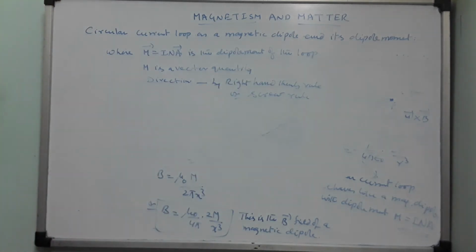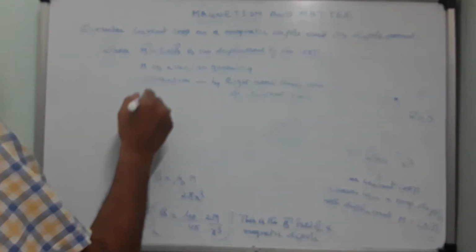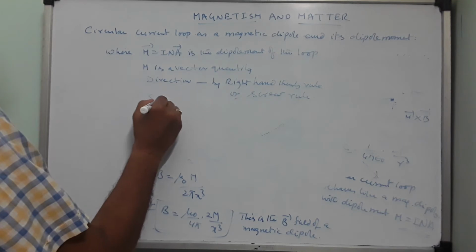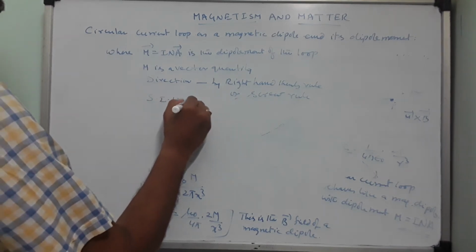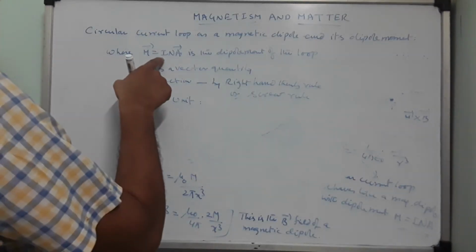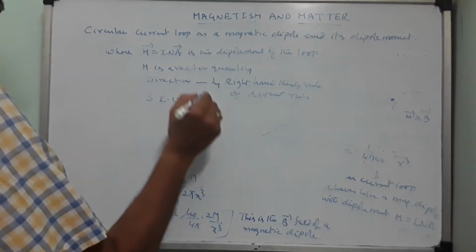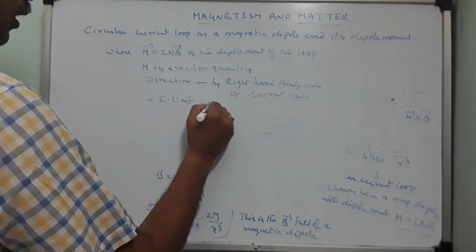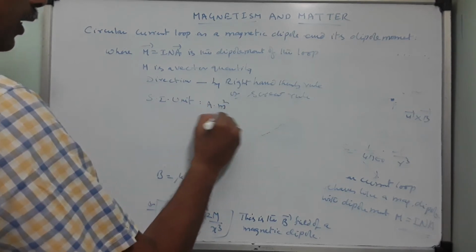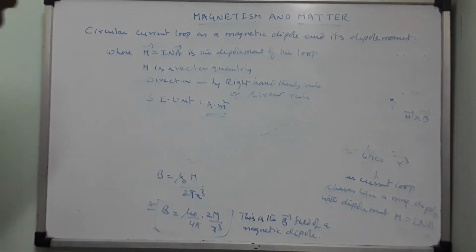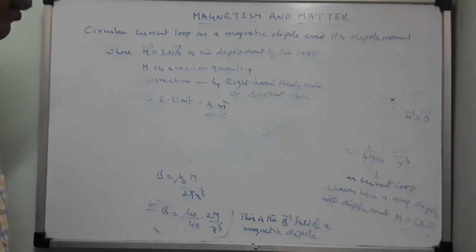What else? SI unit. I is ampere. N is number of turns, no unit. A is the area. So this is ampere into meter square. Dot not necessary. Ampere single space meter square. Clear, children? Very important for 2 marks.